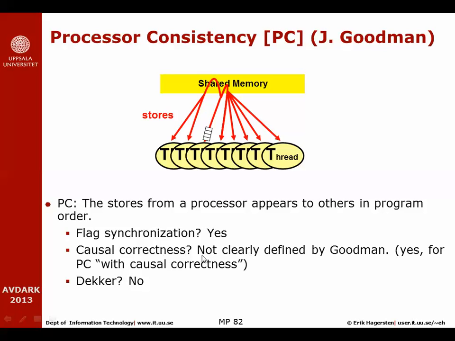It is not, according to the definition Jim Goodman did, but some people who have analyzed his work afterwards say that, well, he probably just forgot to mention it. But if you want to be really stringent and clear about what you're implementing, you should say, I'm implementing processor consistency with causal correctness, in order for you to guarantee that the second case would work. And Dekker's algorithm would not work. So in that respect, it is very similar to TSO.